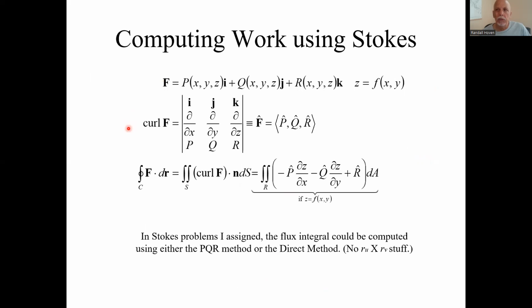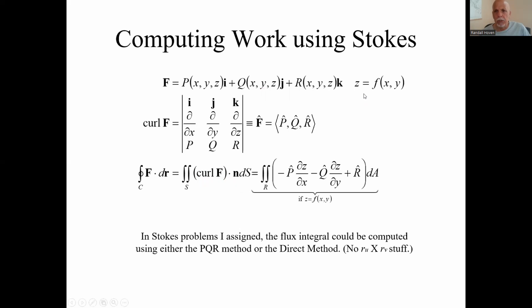We're only going to use the PQR method when we compute this, either that or the direct method. If curl F dot N is a constant and you know the area of the surface, we can use the direct method.